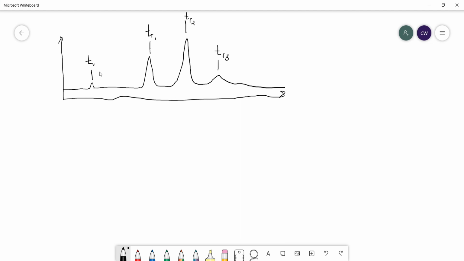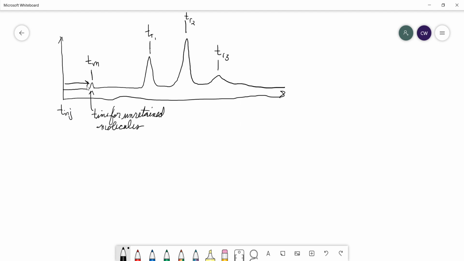Which in your notes from lab would be t_M. This is the time it takes for unretained molecules, and it is the difference in the time from injection.